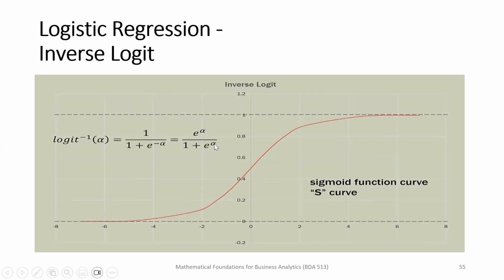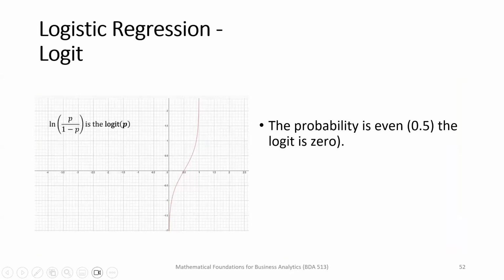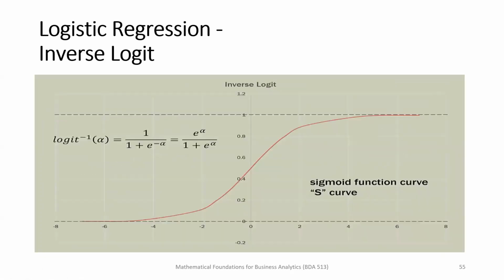Now you see that the probability values have become the y-axis and the logarithm scale has become the x-axis. So now it has turned into a situation where we have an S shape. This is what we call the sigmoid curve.